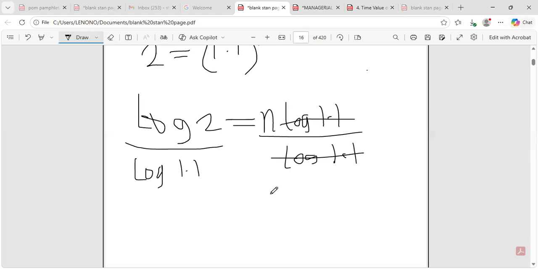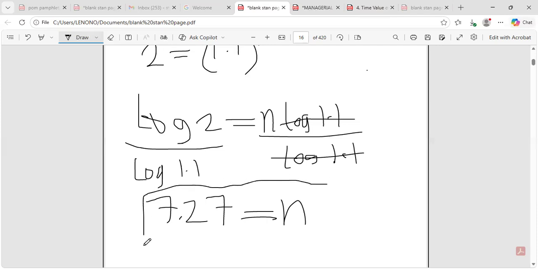So our n is equal to log 2 divided by log 1.1, I have 7.27. Yes, you are right, 7.27.